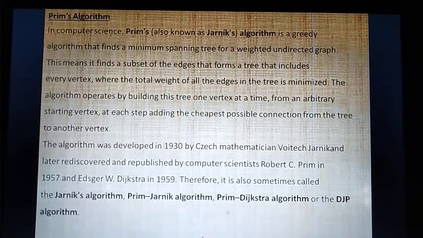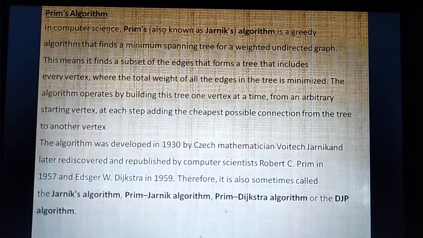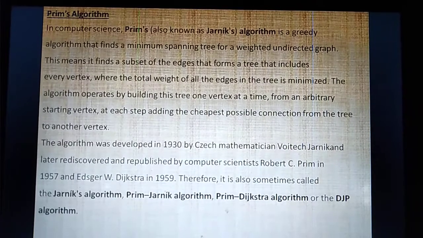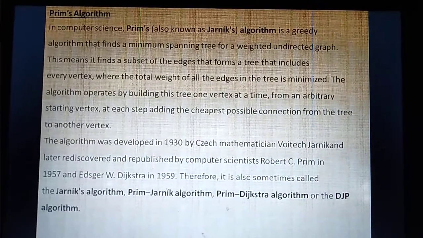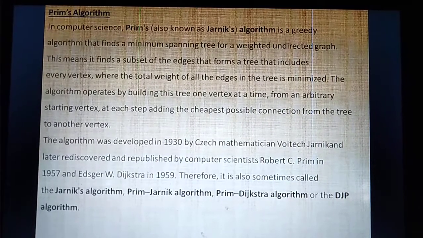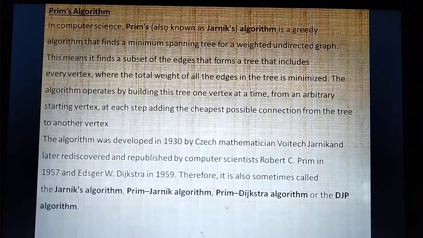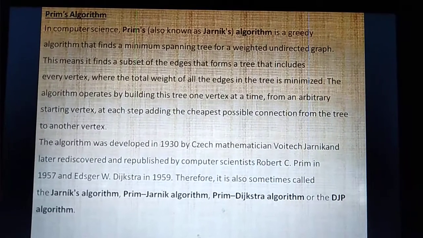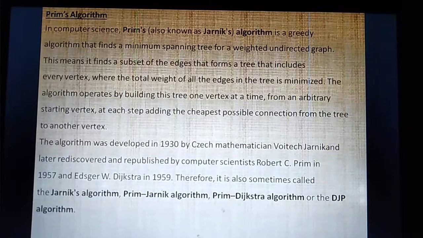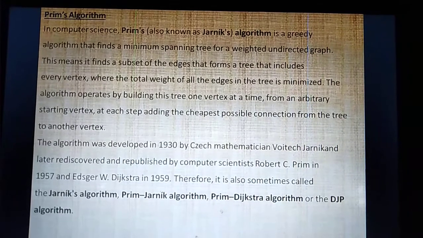This algorithm was originally developed in 1930 by the mathematician Vojtěch Jarník, and later it was rediscovered and republished by another computer scientist, Robert C. Prim, in 1957, along with Edsger W. Dijkstra in 1959.